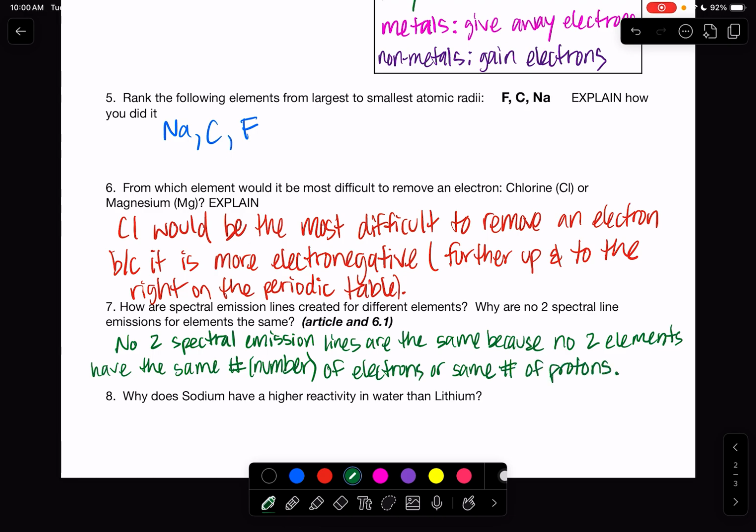So that's what makes all those spectral line emissions different, like a fingerprint, because no element has the same number of electrons or protons.